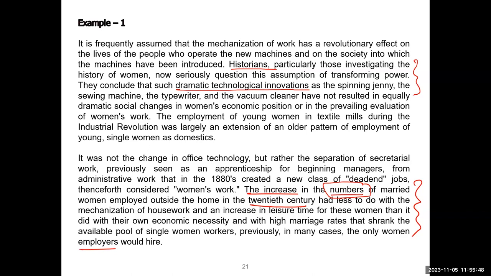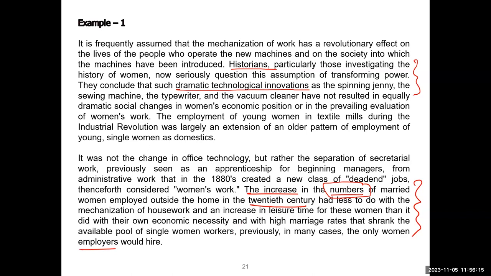The increase in the numbers of married women employed outside the home in the 20th century had less to do with the mechanization of housework and an increase in leisure time for these women than it did with their own economic necessity and with high marriage rates that shrank the available pool of single women workers.